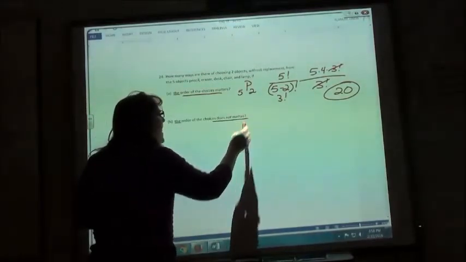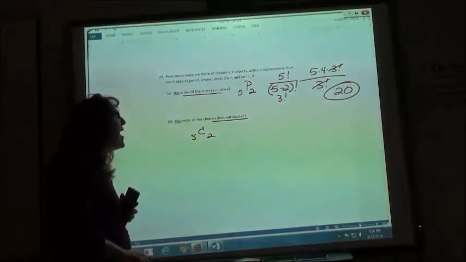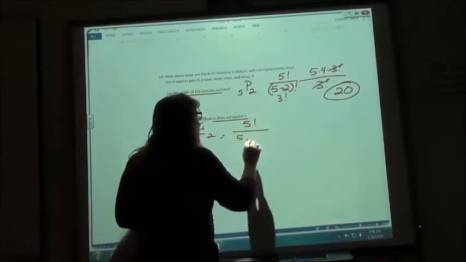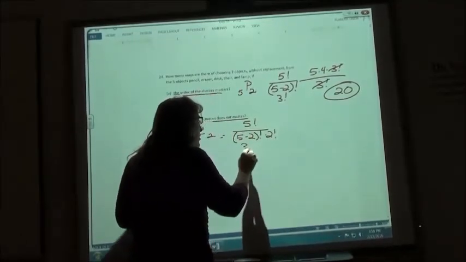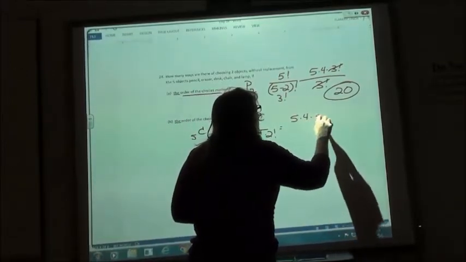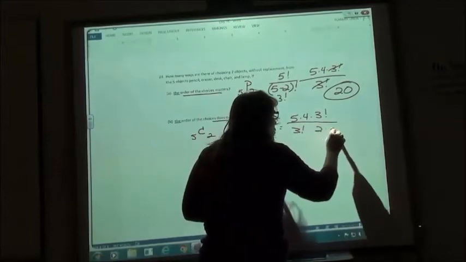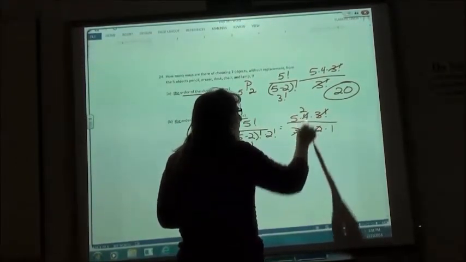If the order does not matter, 5 objects taken 2 at a time doing a combination, I would have 5 factorial over 5 minus 2 factorial times 2 factorial. So that would be 3 factorial. So 5, 4, 3 factorial over 3 factorial, and then 2, 1. That would cancel. 2 goes into 4 2 times.